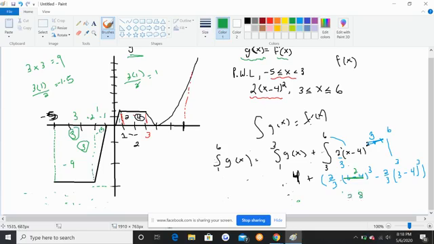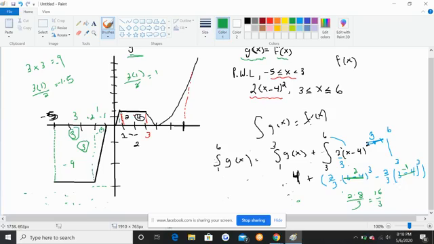And then 2 times 8 over 3 is 16 over 3. Minus, 3 minus 4 is negative 1. And remember, to the third power, the negative stays.